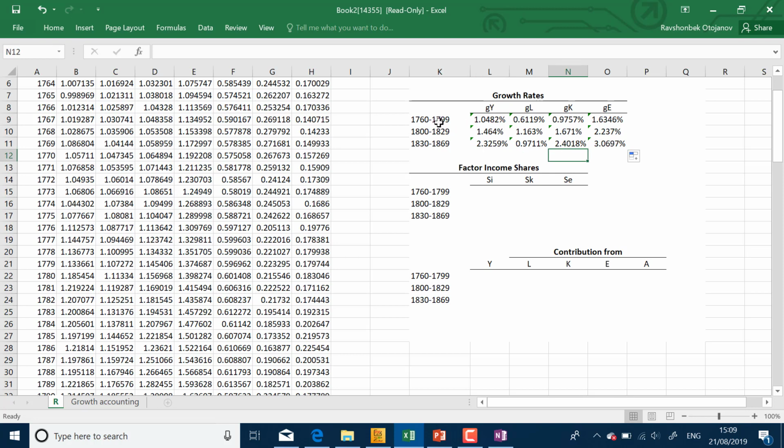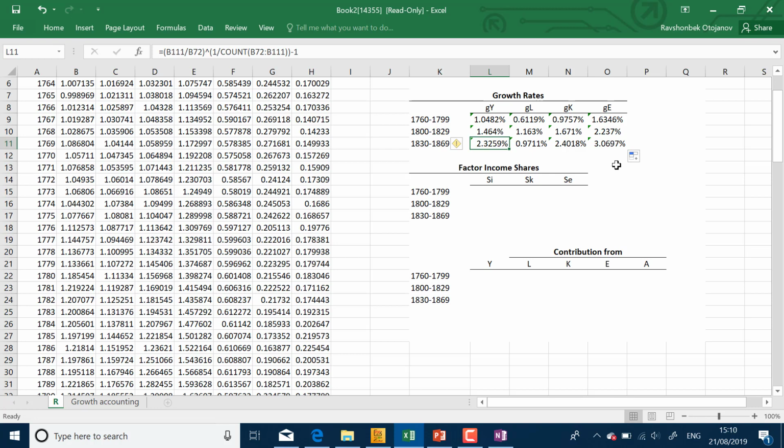The growth in the earlier period, so in the last 40 years of the 18th century, was about 1% on average. Then the growth actually increased to 1.5% annually on average in the first 30 years, and the growth rate of output was then much higher in the latter period.